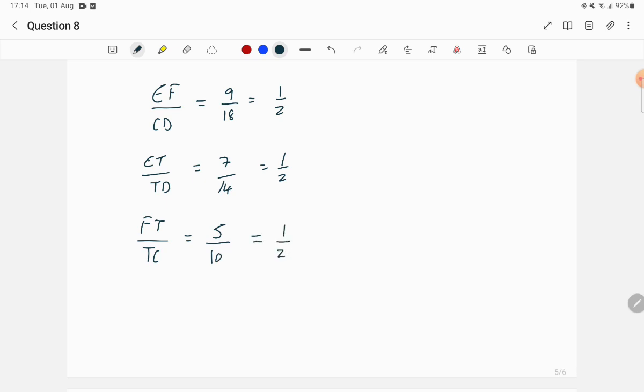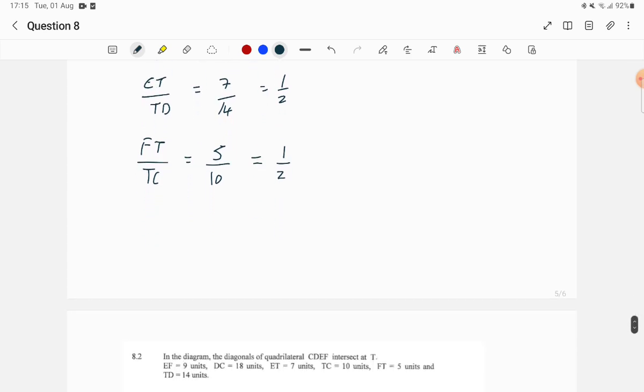So since all three sides are in proportion to each other at 1:2, what we can therefore say is that triangle EFT is similar to triangle DCT, and our reason would be sides of a triangle in proportion.